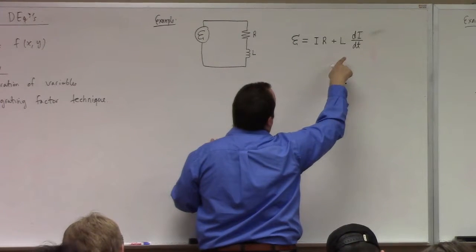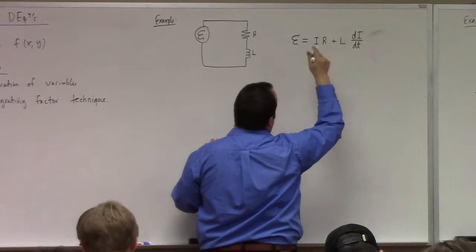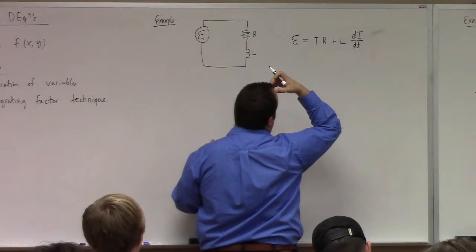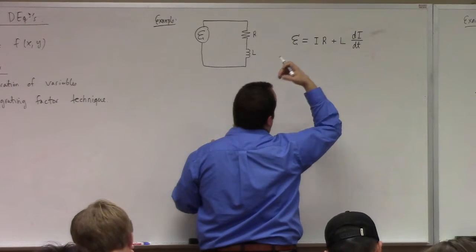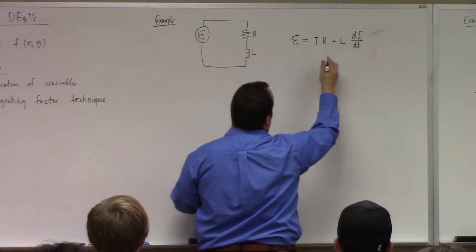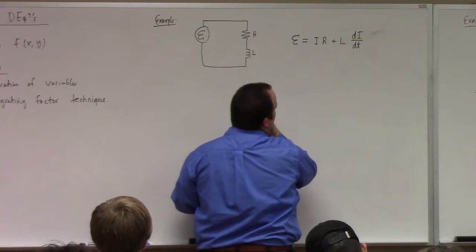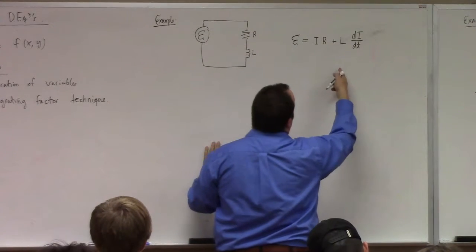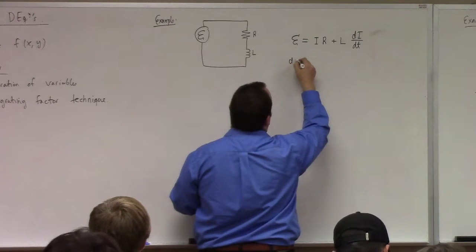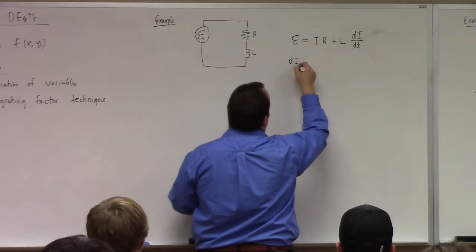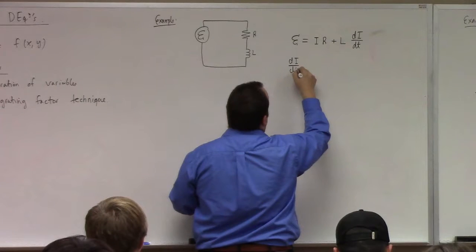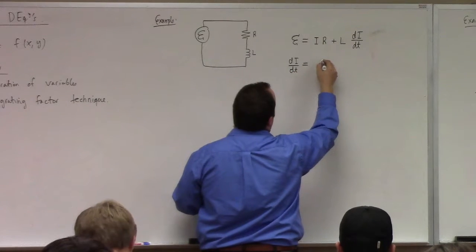Let's see if I can rewrite this a little bit. I mean, I guess you could still do separation of variables here if you want, though. Fine. Let me see here. So I got di dt equals to what?